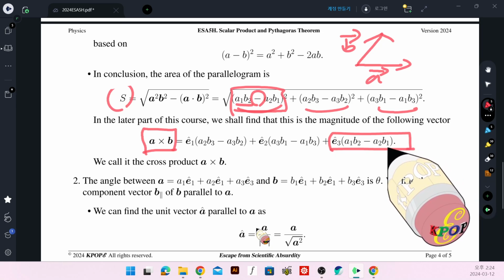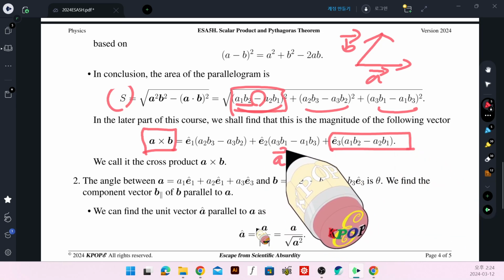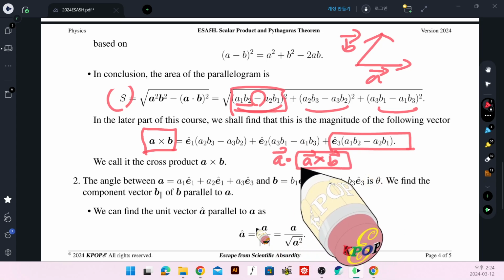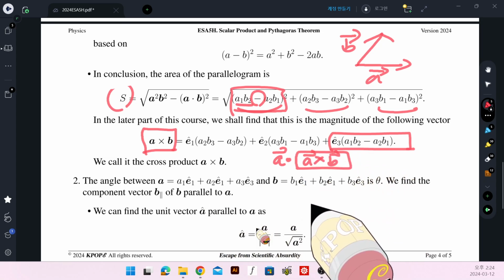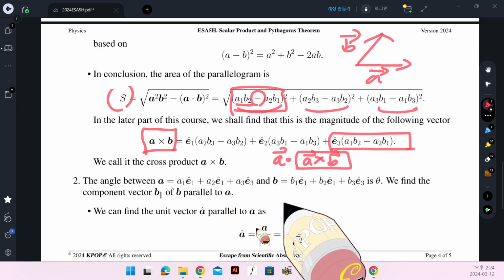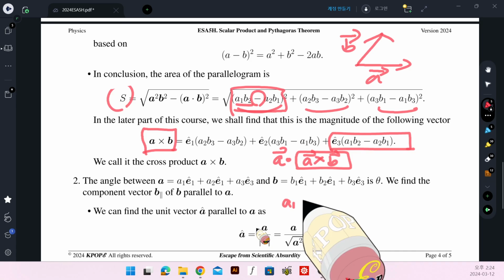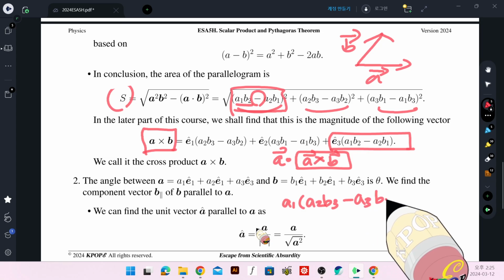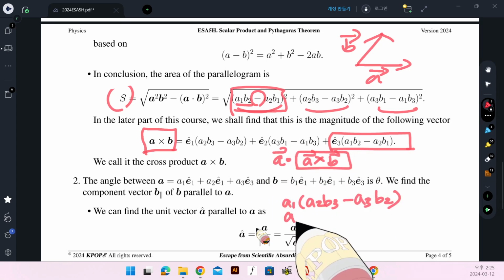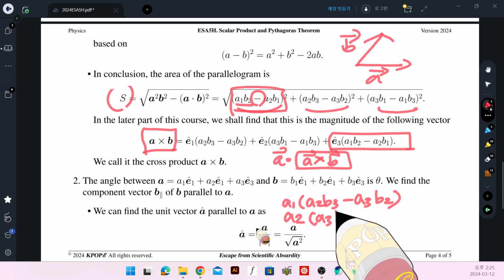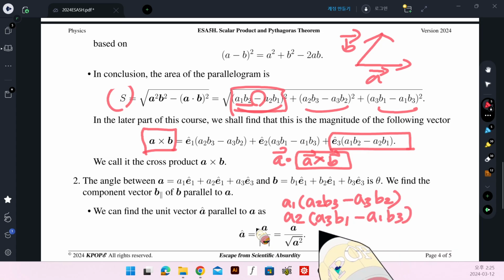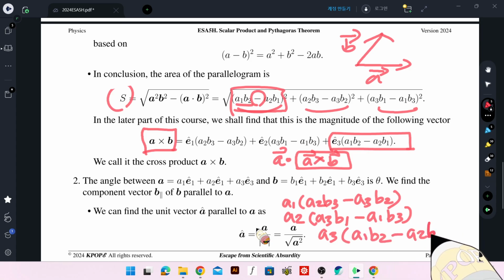If I multiply A dot to this A cross B, what we find is A1, A2, B3, A3, B2, A2, A3, B2, B1, A1, B3, A3, A1, B2 minus A2, B1.